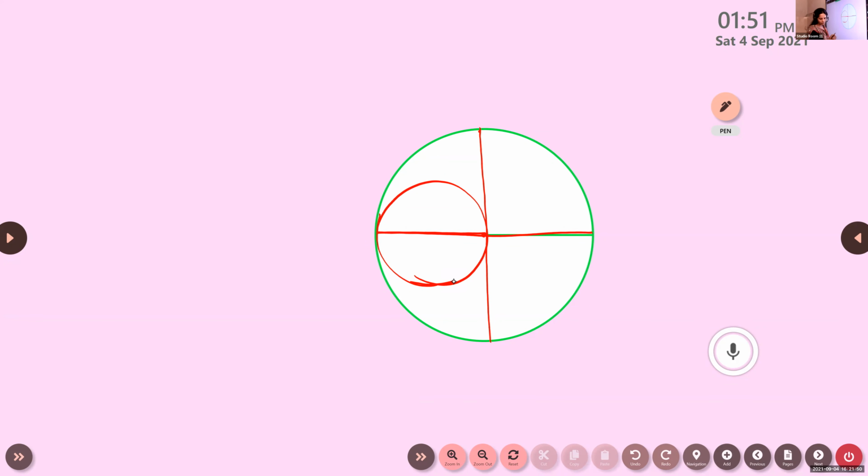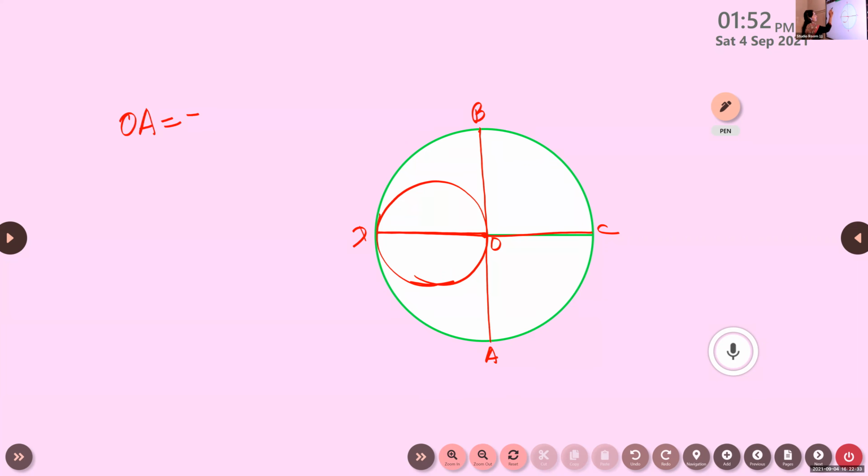AB and CD are two diameters of a circle, perpendicular to each other. And OD is the diameter of the smaller circle.